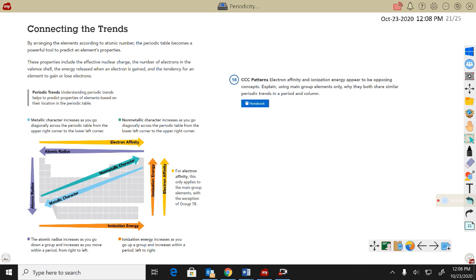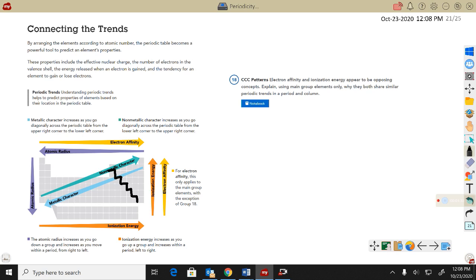In general, there's this staircase, right? Elements toward the left of the staircase are mostly metals. In the upper right-hand corner are my non-metals. And along the staircase are my metalloids, elements that have properties of both metals and non-metals.